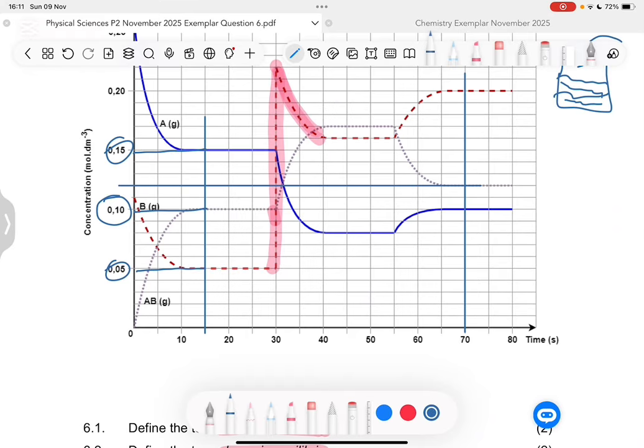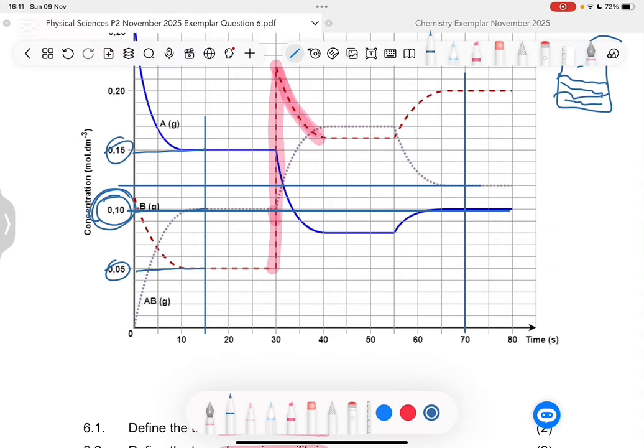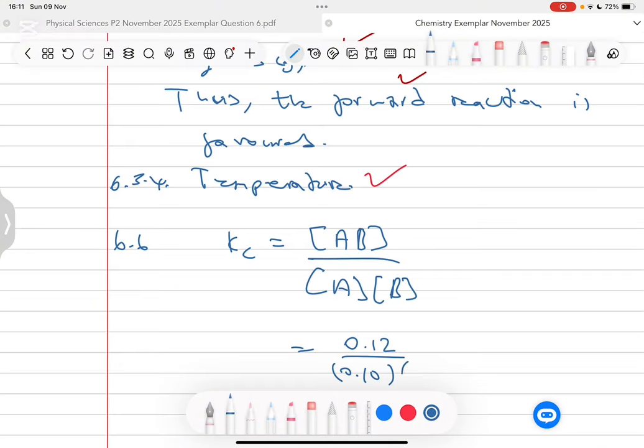And if I take that of A, it's here. I'm reading again here 0.1. And if we look at the concentration of B, I'm reading 0.2.